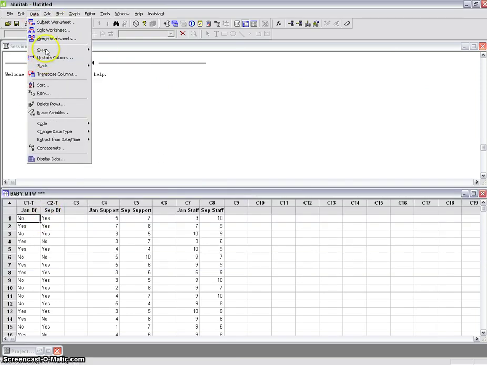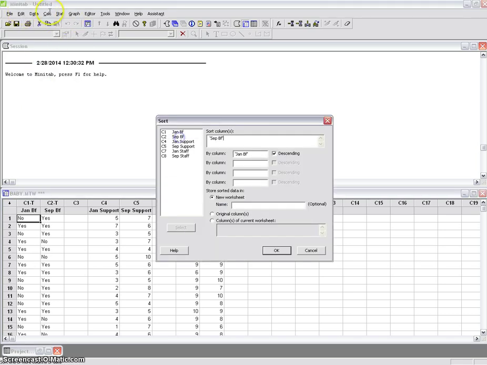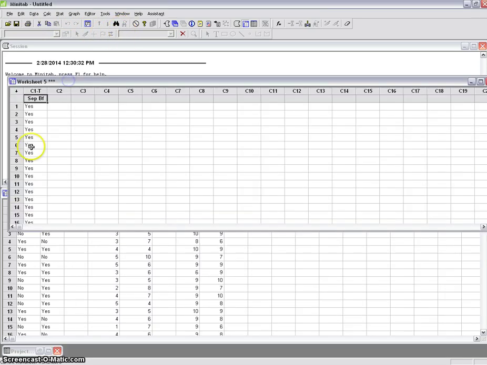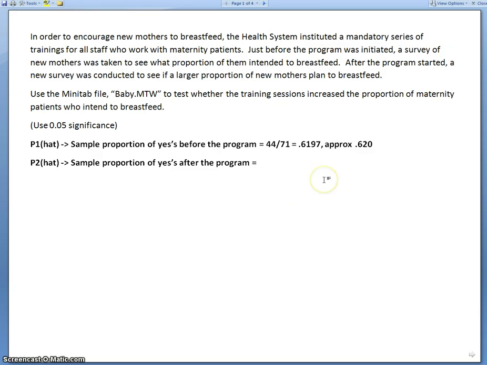So I'm going to sort, where'd it go? There it is. I'm going to sort September by September, descending. So what I find is the proportion of mothers who plan to breastfeed: 49 said yes, just going down, 49 said yes out of 68.